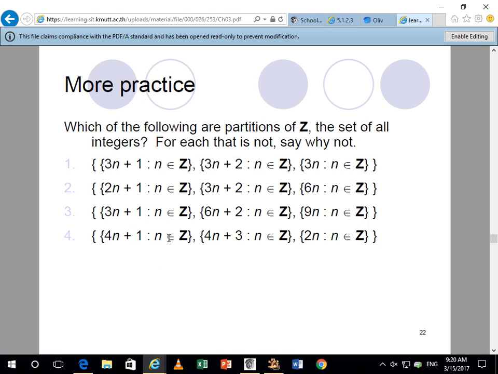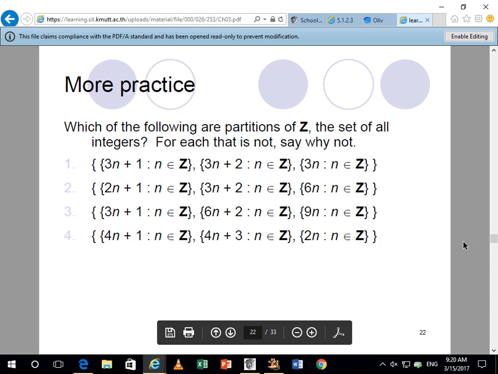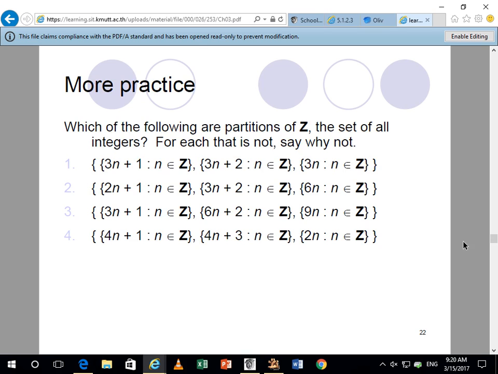Okay, last class we did some practice. We asked which of the following are partitions of the set of all integers, Z. There are four, numbered 1, 2, 3, 4.